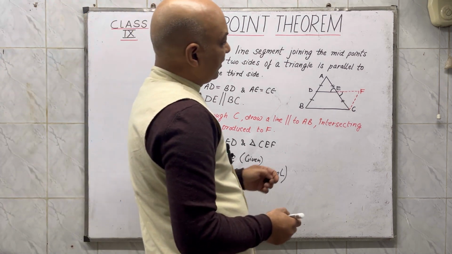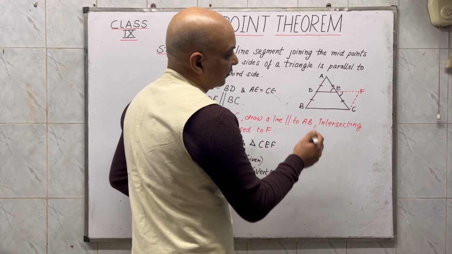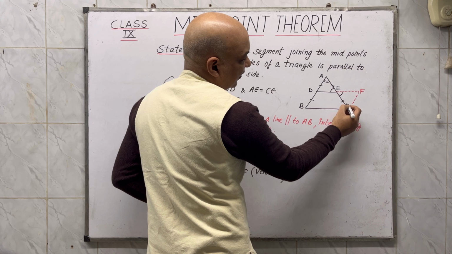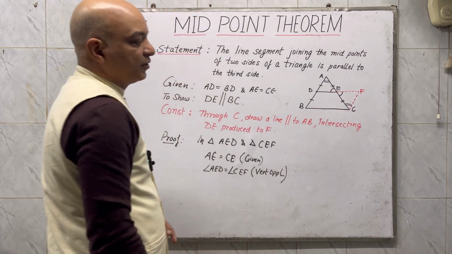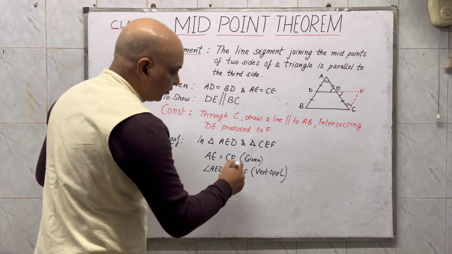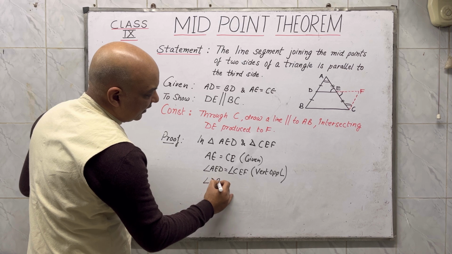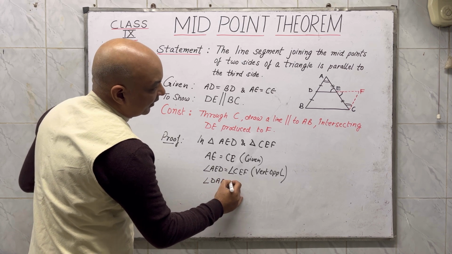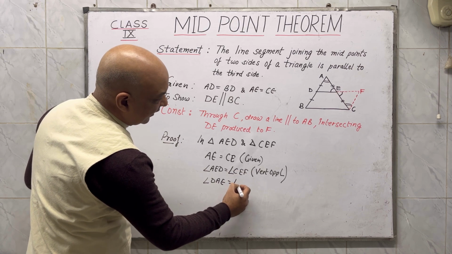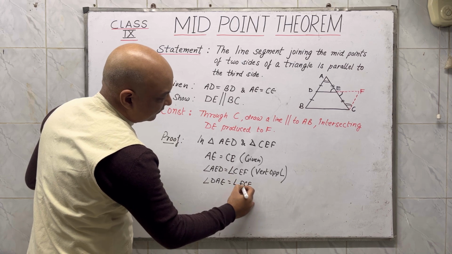And lastly, as I have constructed CF to be parallel to AB, so this angle and this angle become alternate interior angles, hence they are also equal. That is angle DAE is equal to angle FCE.